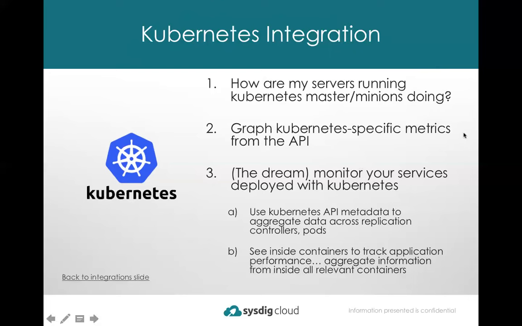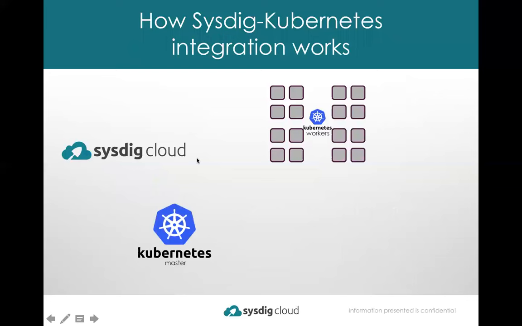Next, you can say, well, what if I tap the Kubernetes API and graph whatever metrics I can collect from it? That's helpful. It gives you a little bit better sense of what's going on. But finally, what if you could monitor your services that are deployed with Kubernetes? Grab the metadata from the API and then map those against all the relevant containers. And that's exactly what Sysdig Cloud does.